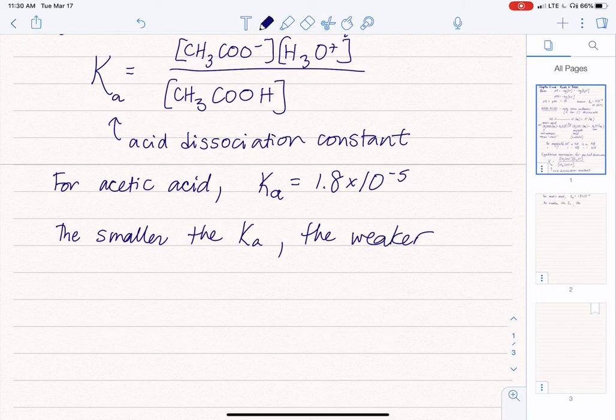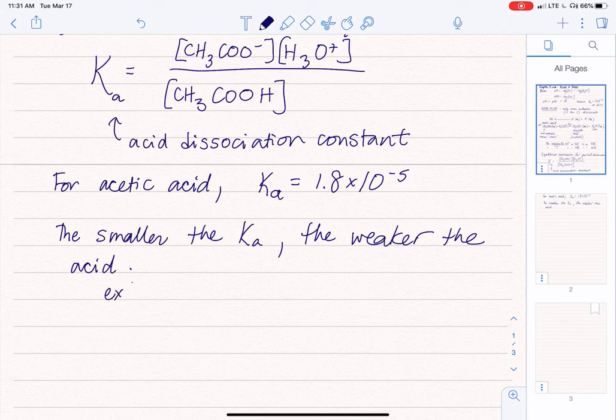That's just Le Chatelier, right? That's the common sense we've been developing over the last couple of weeks with equilibrium, right? The larger the Ka, the stronger the acid. In fact, when we saw very strong acids last week, like nitric acid or hydrochloric acid, those acids are strong because their K values are just humongous. They're so big that they drive the equilibrium so far forward that there's essentially no backwards reaction.